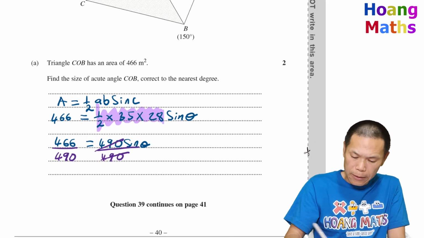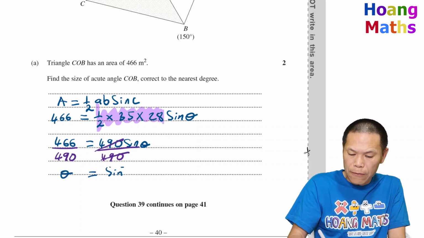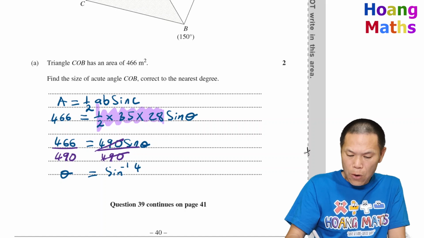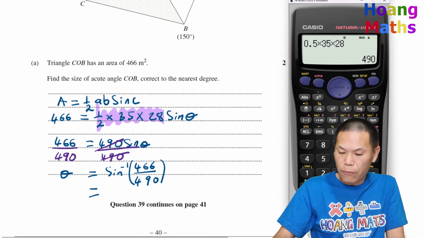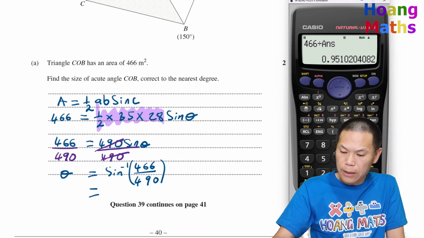So this means that theta is sine inverse of 466 over 490. So I go 466 divided by the answer, and then inverse sine of the answer.